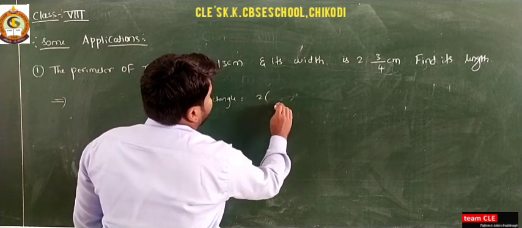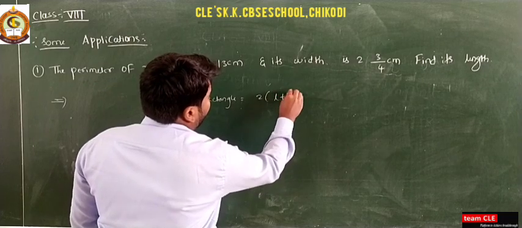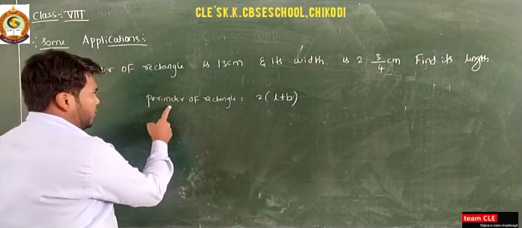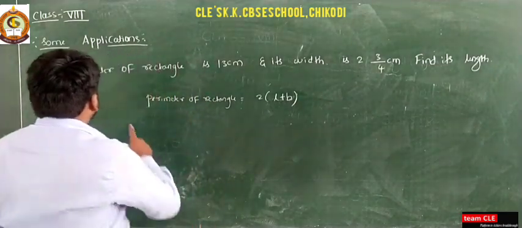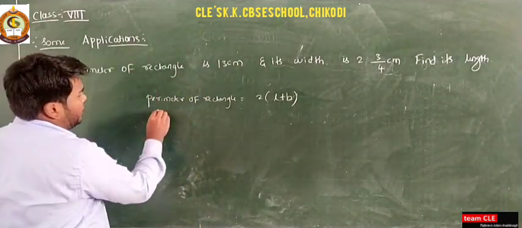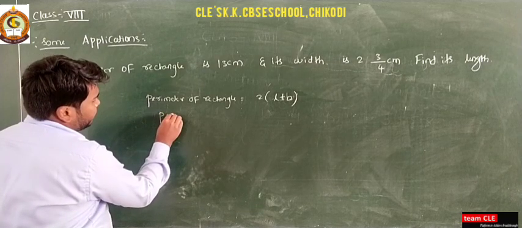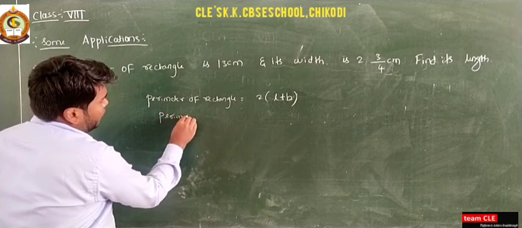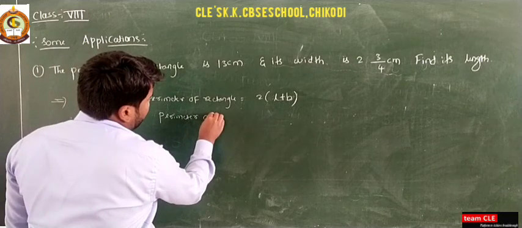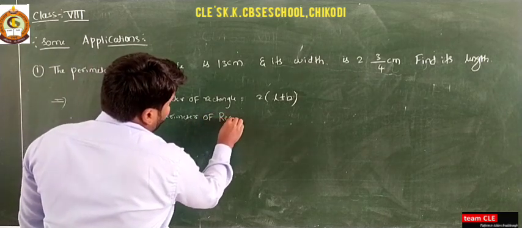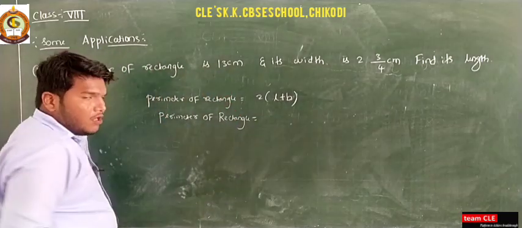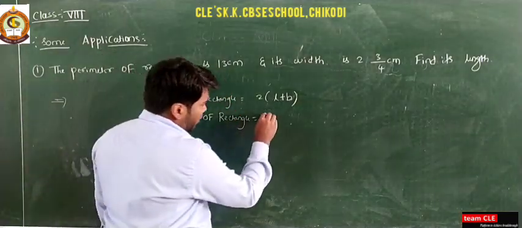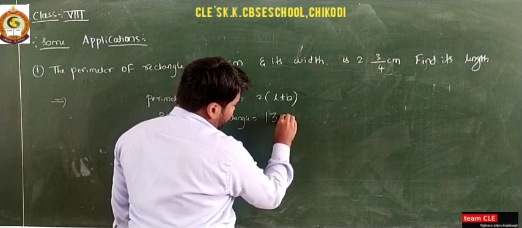The perimeter of a rectangle is equal to 2 into (L plus B). What is given in the question? The perimeter of the rectangle given is 13 centimeter. So just write here 13 centimeter.